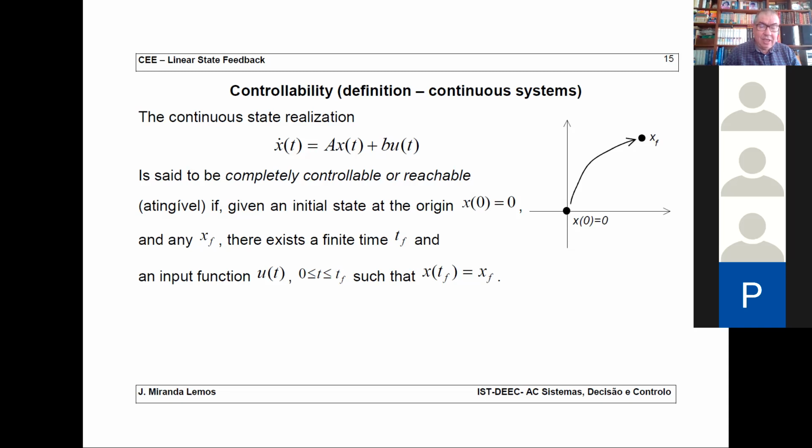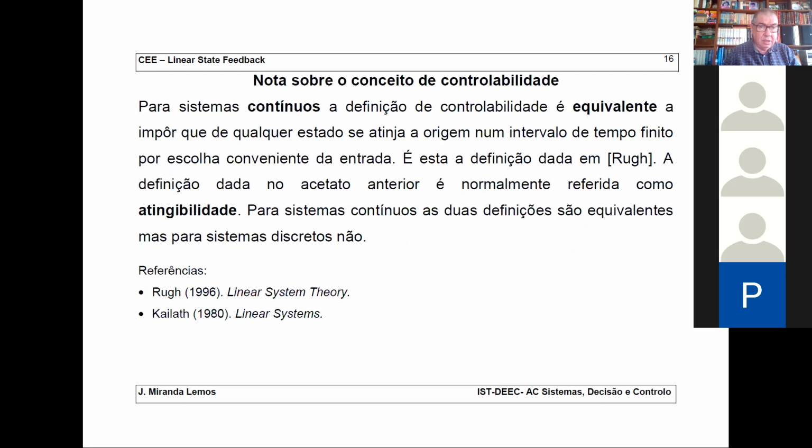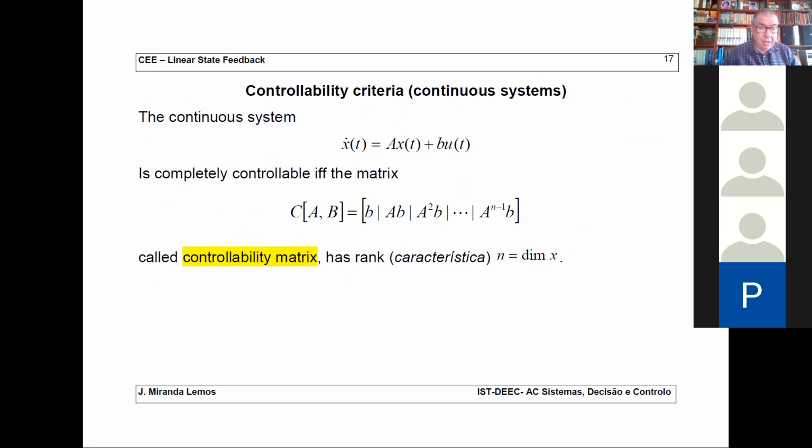How can I see whether a state realization is controllable? So there is a theorem that says that you build this matrix, okay? Don't get confused of this C with the output C matrix. So this is a calligraphic C, but I don't know how to do calligraphic Cs in this word processor.